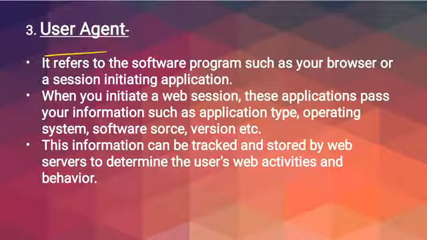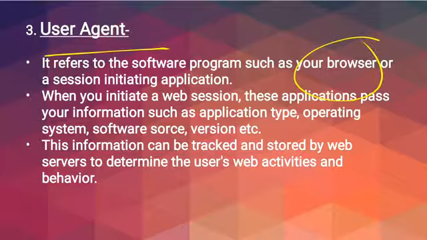Next is, what is a user agent? Okay, it refers to a software program. So a user agent is a software program such as your browser or a session initiating application. So we can say it is a browser that is known as a user agent.